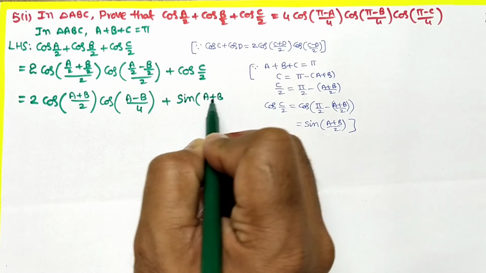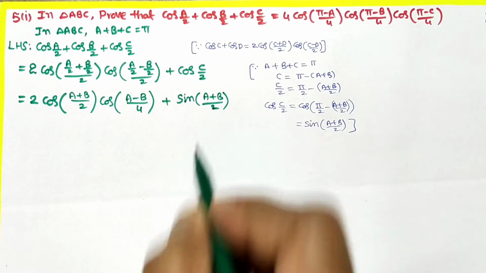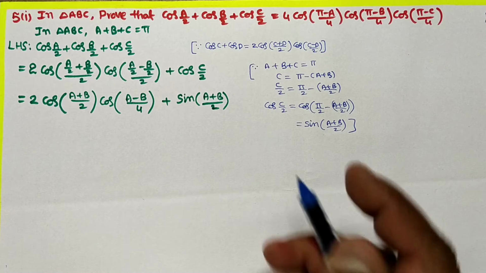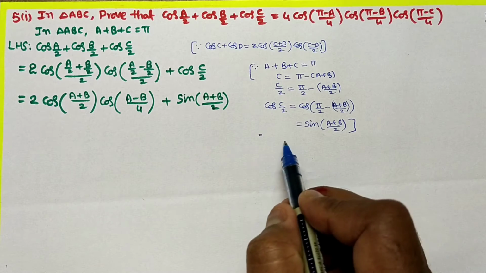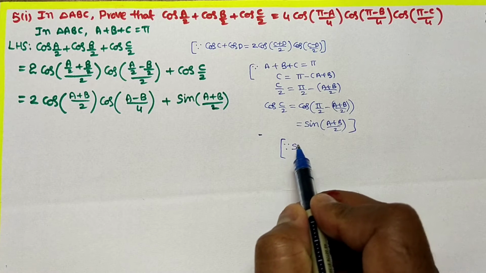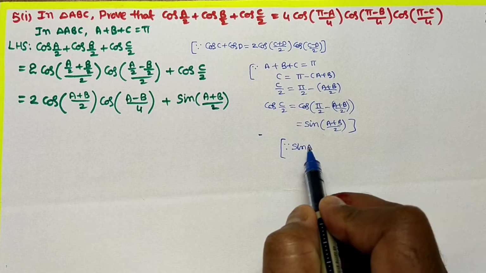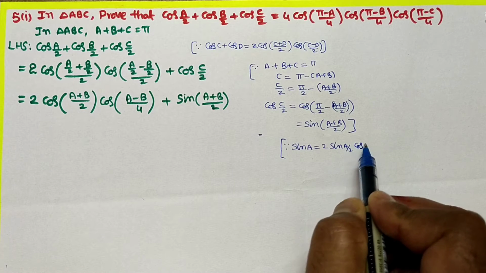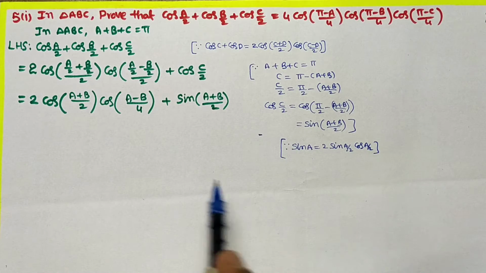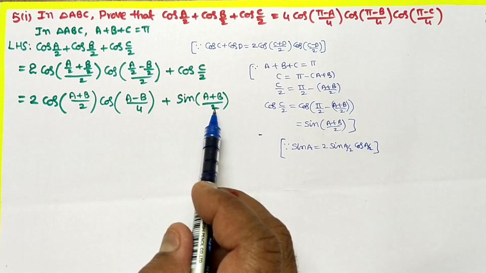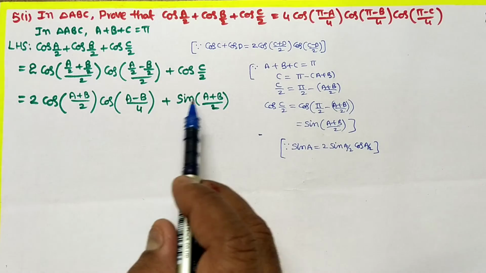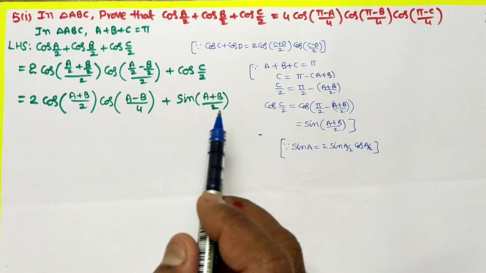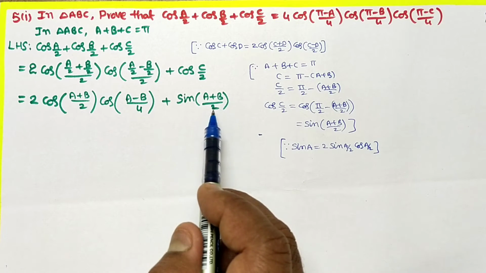In the very next step, for sin of (A plus B) by 2, the sin theta formula you have to write in terms of half angles. Sin A equals 2 sin A by 2 into cos A by 2. Similarly, sin of (A plus B) by 2 can be written as 2 into sin of ((A plus B) by 2) by 2 into cos of ((A plus B) by 2) by 2.